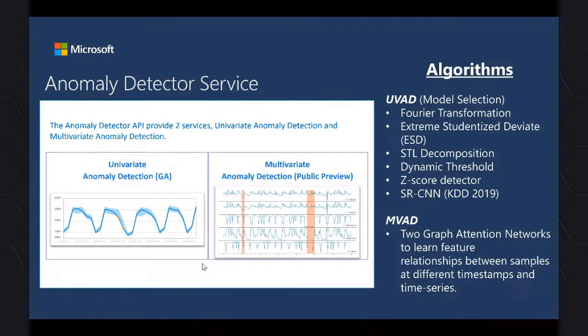And the algorithm behind the scenes for univariate is something like model selection. Basically, we have a model pool with multiple models, and after you give your data to us, our service will select a better-fit model for your case based on your data pattern. For multivariate anomaly detection, it's a little bit different.